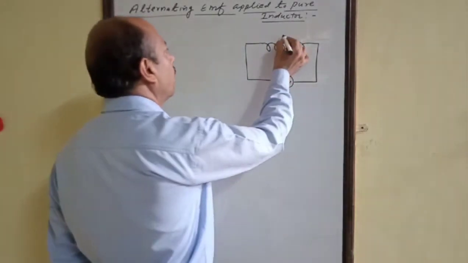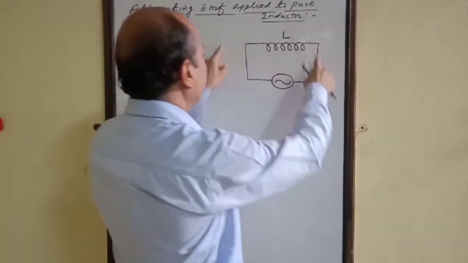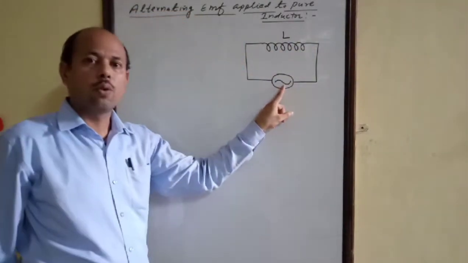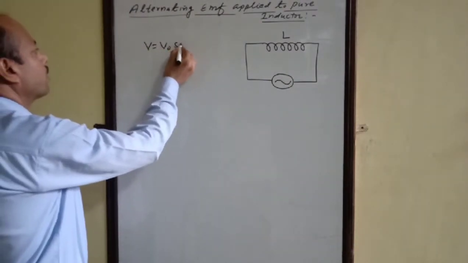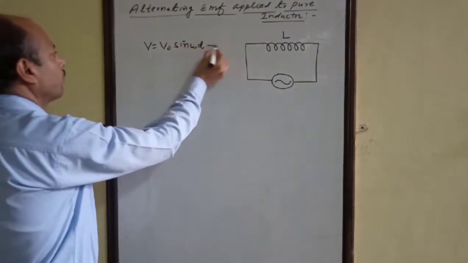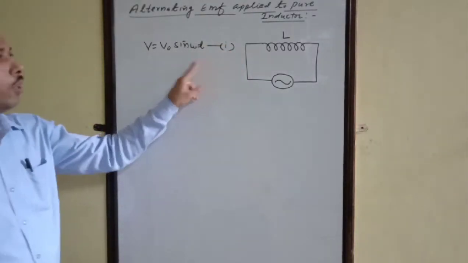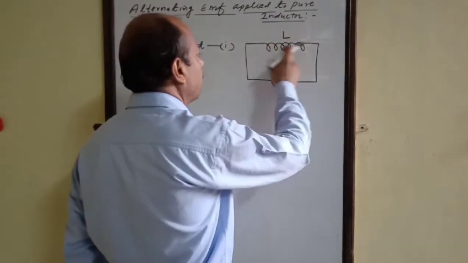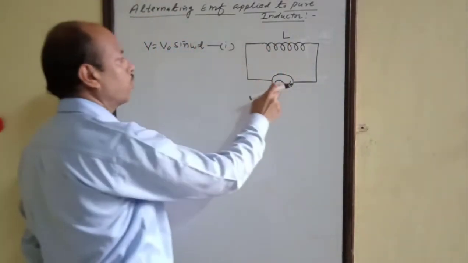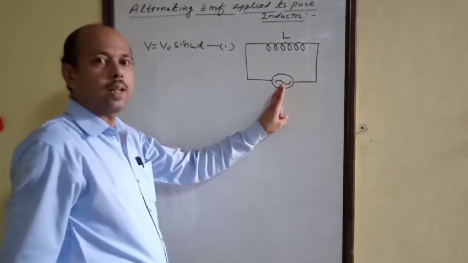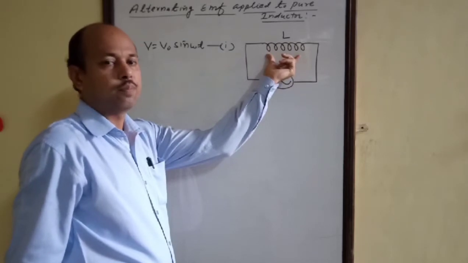So let us suppose this is an inductor having inductance L, and it is connected with an alternating source of EMF V equals V naught sin omega t. We know that whenever an inductor is connected with a variable source of EMF, or alternating source of EMF, there will be some induced EMF.